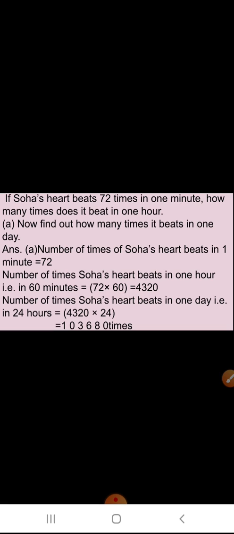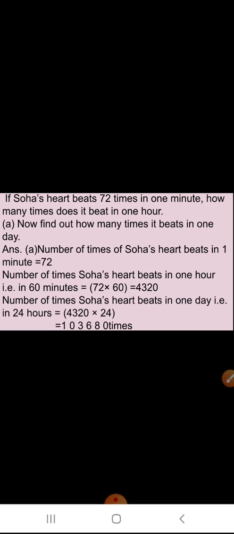First one is, if Soha's heart beats 72 times in 1 minute, how many times does it beat in 1 hour? You have to tell, if Soha's heart beats 72 times in 1 minute, how many times it will beat in 1 hour.